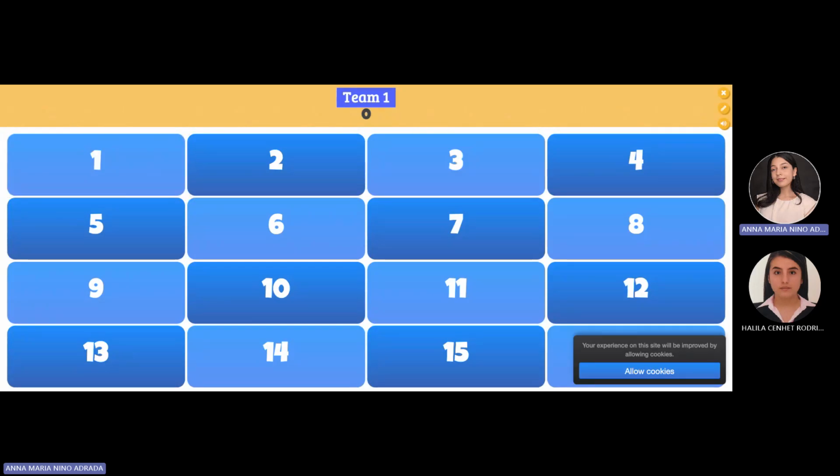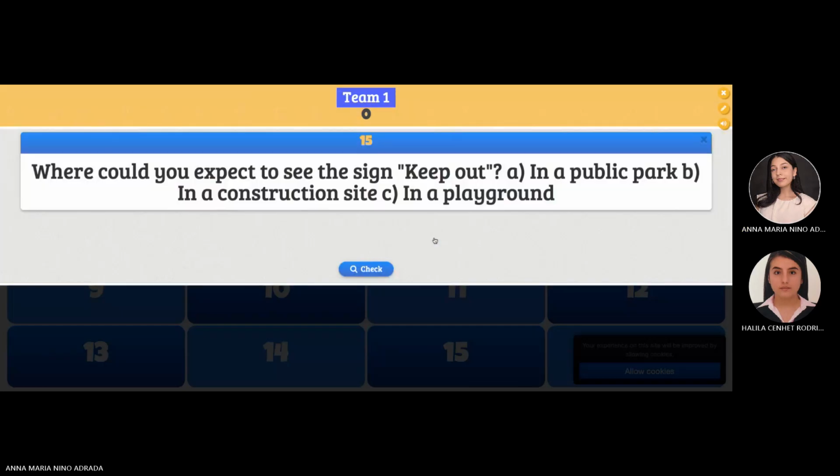Could you please select one number so we can do two questions out of this quiz? Number 7. Okay. Our question is, where could you expect to see the sign keep out?